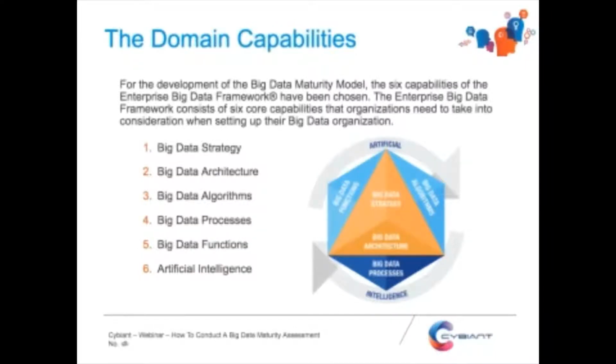big data organization. The second capability domain is what we refer to as big data architecture. And this has to do with the technological capability. In order to process large quantities of data, you will need to have an architecture that is able to do that. We're talking about processing large volumes of data within short periods of time.